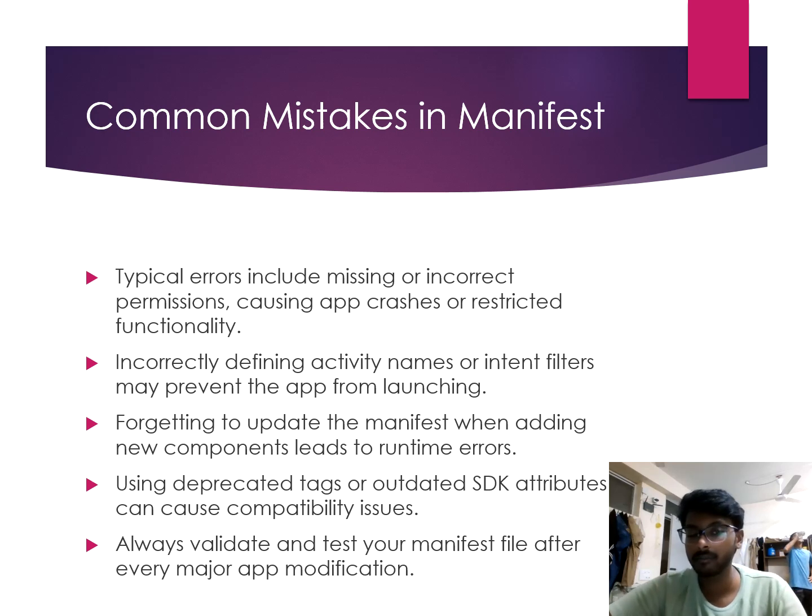Misspelling an activity name can stop an app from launching. Sometimes developers forget to update the manifest after adding a new feature. Also, using old or deprecated tags can cause compatibility issues. That's why it's important to test and validate the manifest file often. Otherwise, our app won't run.